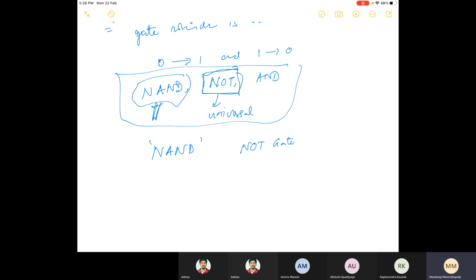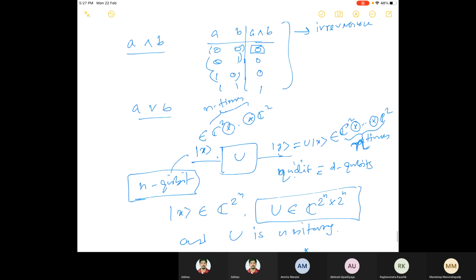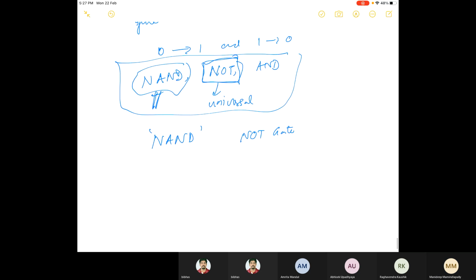I don't remember exactly, but let me remember. Anyway, the thing is, if I can show that one gate is universal, then if the other gate can be implemented using it, we can say that the other one is also universal.